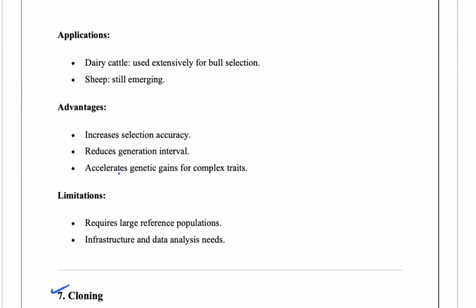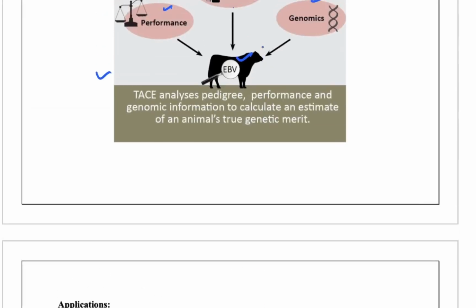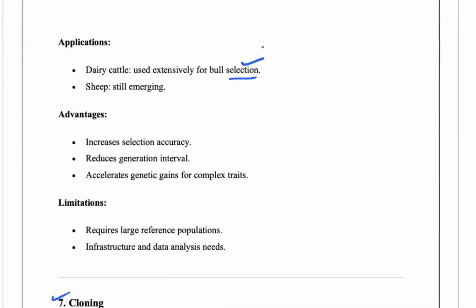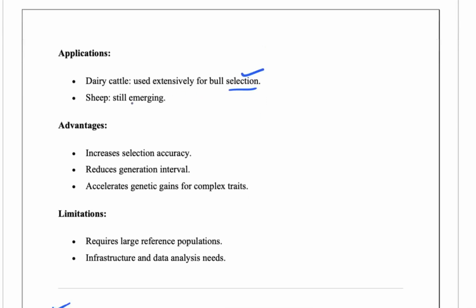Application in dairy cattle: it is used extensively for bull selection. The bull whose value is more will be selected, right? In sheep, we are still working on this, it is still emerging, not commonly used like we are using in cattle.